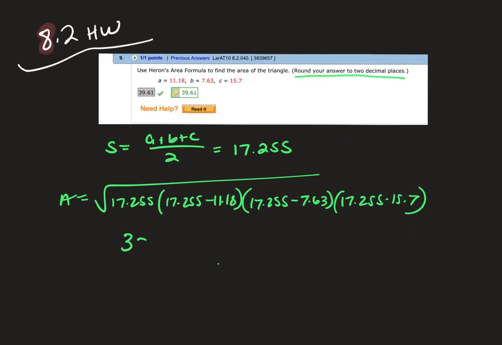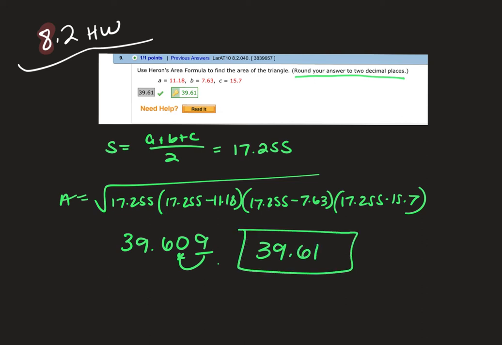So I get 39.609, which I'm going to round up. If there was a unit, it would be unit squared because it's area, but they didn't give you a unit, so it's just that number.